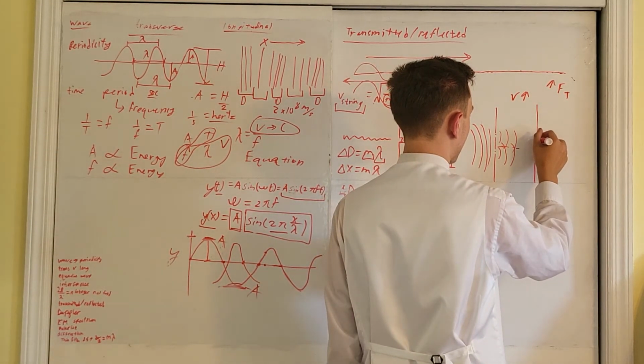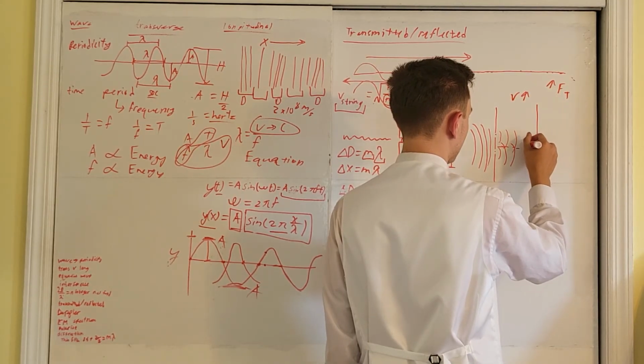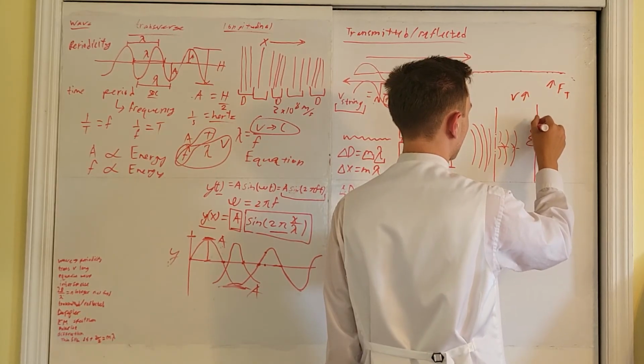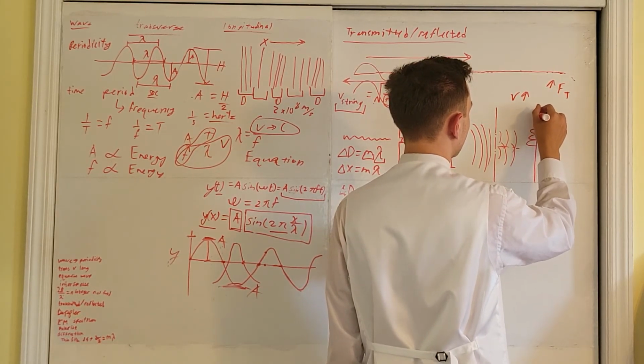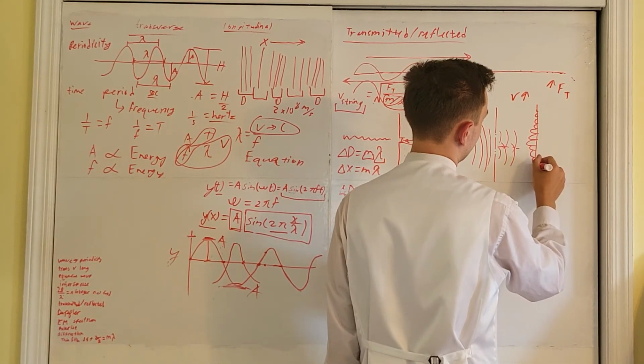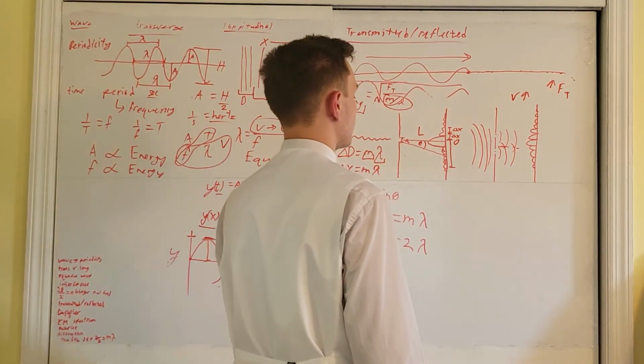In this case, you would have a central bright fringe as you do in that one, but the fringes would be a lot more uniform and they would decrease in intensity a lot slower. So that is the difference there.